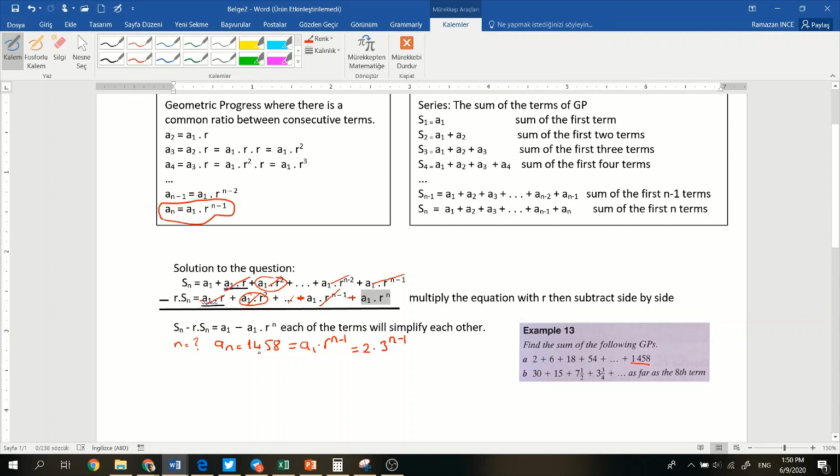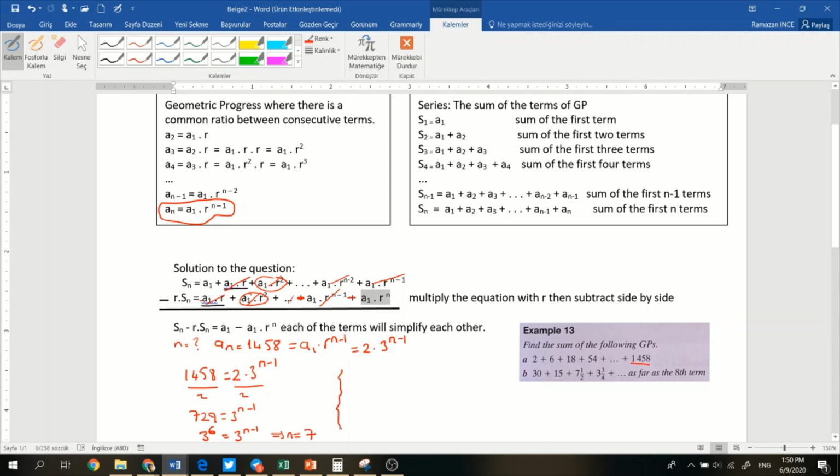So 1458 is equal to 2 times 3 raised to power n minus 1. Divide by 2 on both sides. Then 729 is equal to 3 raised to power n minus 1. From here, this is 3 raised to power 6 is equal to 3 raised to power n minus 1. Then n is equal to 7.